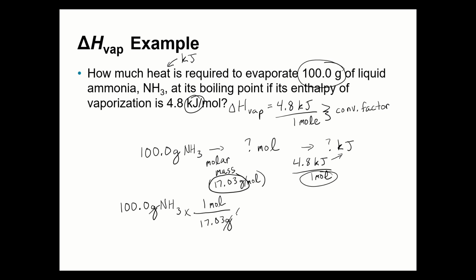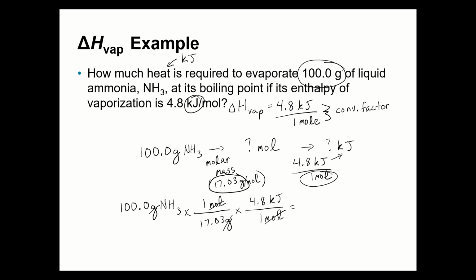Okay, so grams will cancel. And then looking at that enthalpy of vaporization value, if we keep it and write it as it is, 4.8 kilojoules per 1 mole. Now the moles cancel and we're left with the kilojoules that we want.